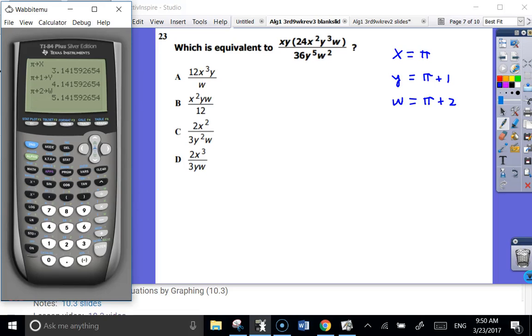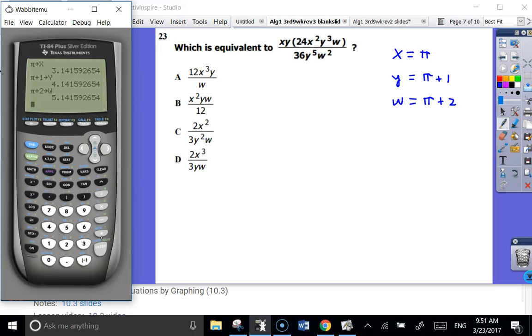Wait, how'd you actually solve it? How would you actually do it? Well, first, they put parentheses there, which are not really necessary, but you would multiply the numerator, right? And then you'd have to use properties of exponents. What's x times 24x squared y to the third w? Well, it's not a distribute, because there's no plus or minus, but that x times x squared is going to give you how many x's?